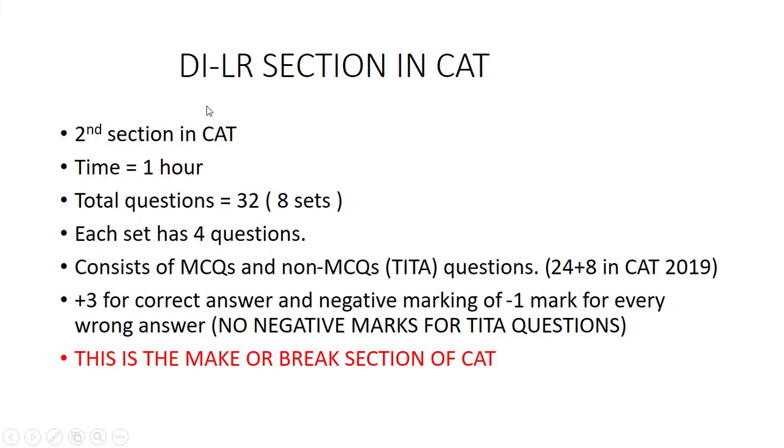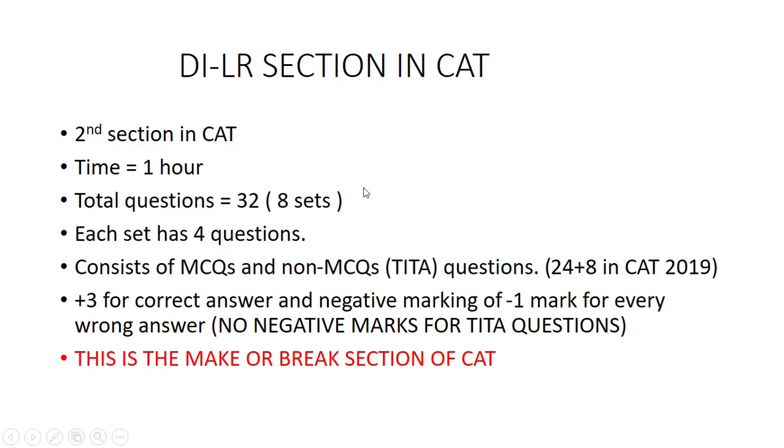Next, we will see how the DI-LR section in the CAT is. This is the second section in CAT, that is, this section comes after the VARC and before the quant section. The time allocated for the DI-LR section is exactly 1 hour. In this 1 hour, you have to solve 8 sets.